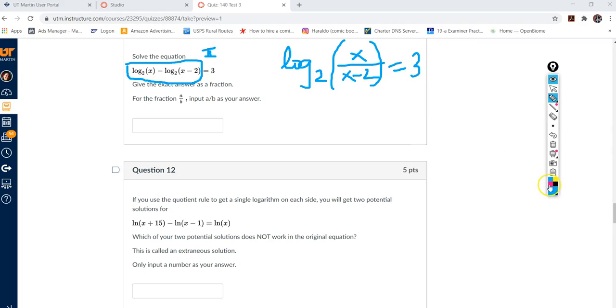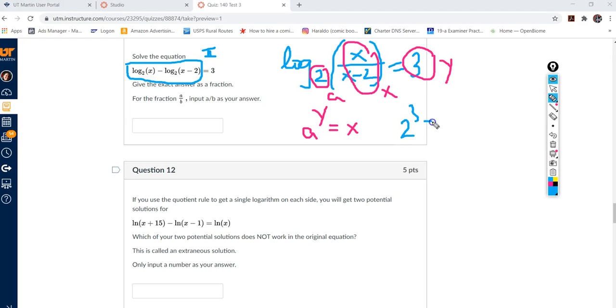Now I'm going to do the conversion. That's my a. That is going to be my x. That is my y. So a to the y equals x. And now write it in the original form: 2 cubed is equal to that.